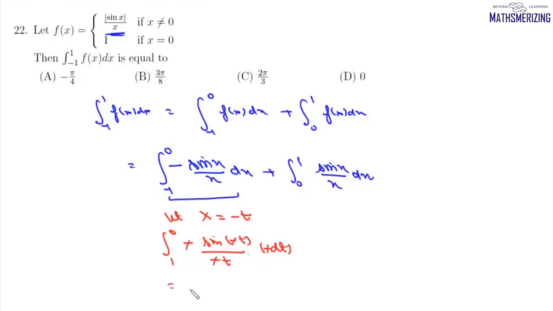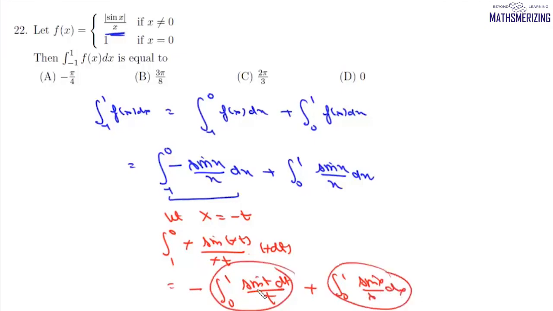So we can write this as minus the integral from 0 to 1 of sin t dt upon t, plus the integral from 0 to 1 of sin x dx upon x. Now in definite integrals, if the function is same and limits are same, the value of the integral will be same. So these two integrals will have same value with opposite signs, so they'll cancel. So the value of this integral will be simply 0, and that's your option D.